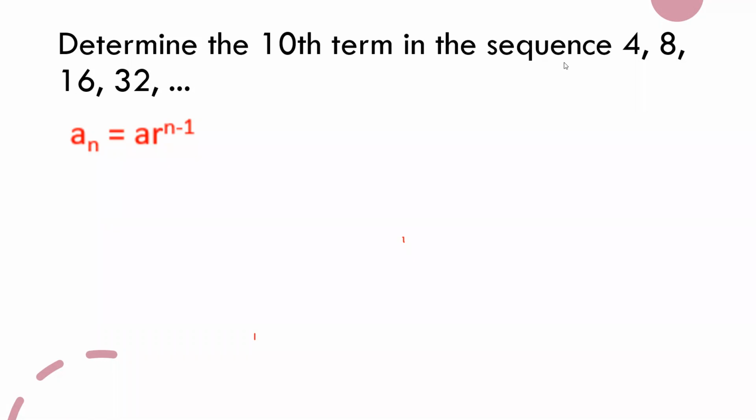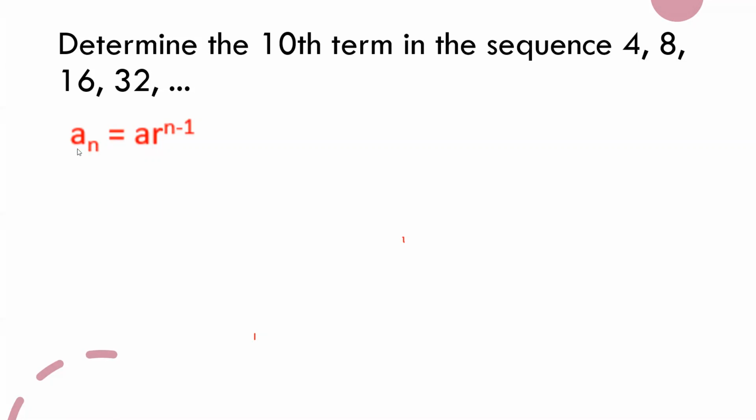Let's try geometric: 4 times 2, 8 times 2, 16 times 2, 32. So it fits the idea of a geometric sequence.